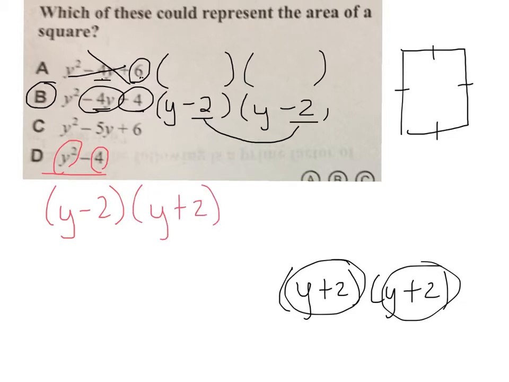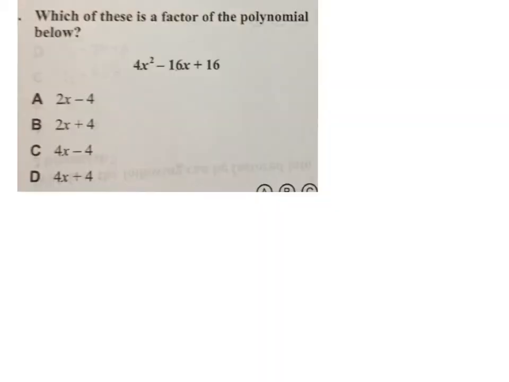But in order for it to be the area of a square, this has to be equal to this. And are they? No, because right here in the middle, I have a minus, and right here in the middle, I have a plus. Notice in B that they're both negative, aren't they? So in order for it to be the area of a square, the length and the width must be exactly what? Alike. Equal or alike, right.